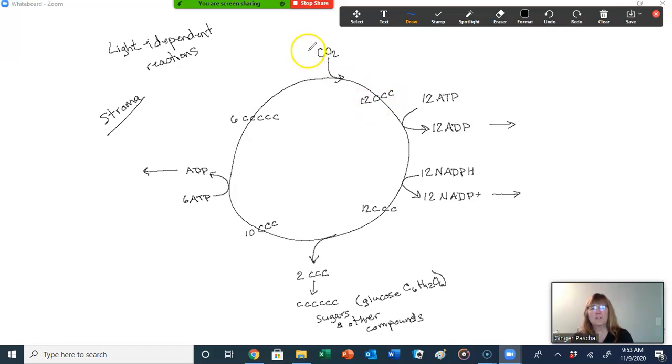And actually there are 6 CO2 that are added to this process overall. And you can see why we need to add 6, because we need 6 carbons to go into the cycle, so that when we get to this point, we can pull 6 carbons out of this cycle.